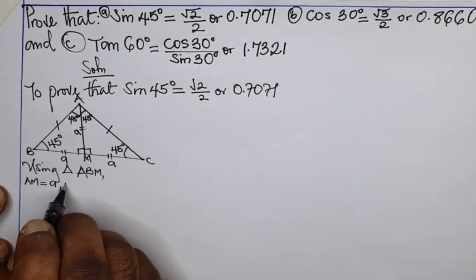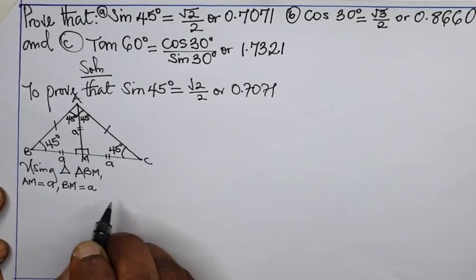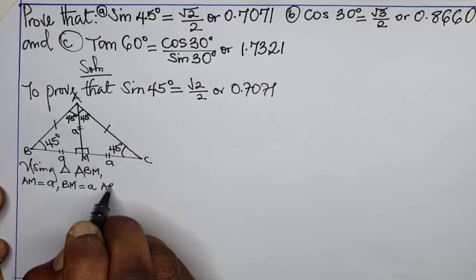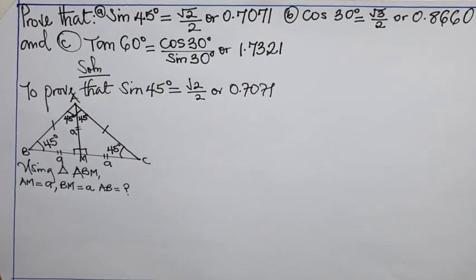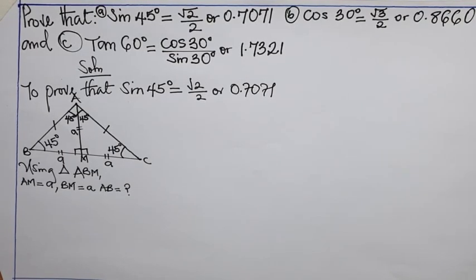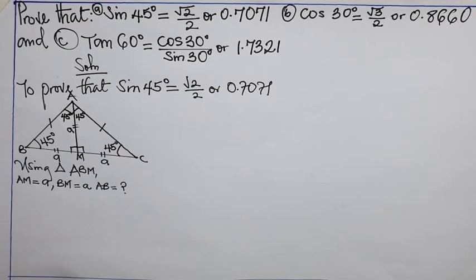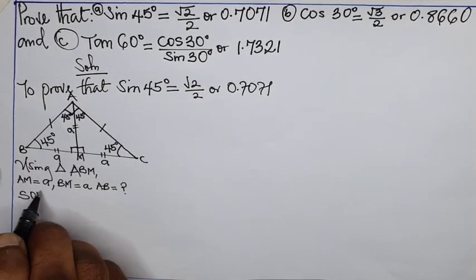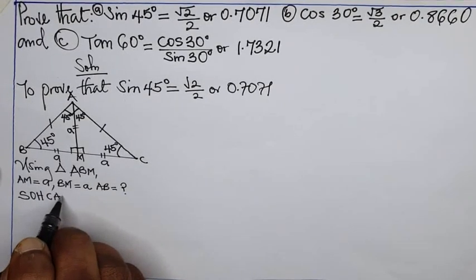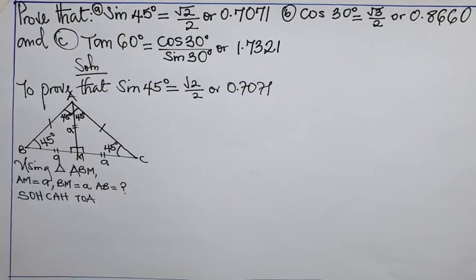Also, BM is equal to a, but AB is not known. That is our hypotenuse. In case you don't remember the trigonometric ratios of any right angle triangle, we simply use the acronym SOHCAHTOA. Don't forget this, it has helped us a lot before.